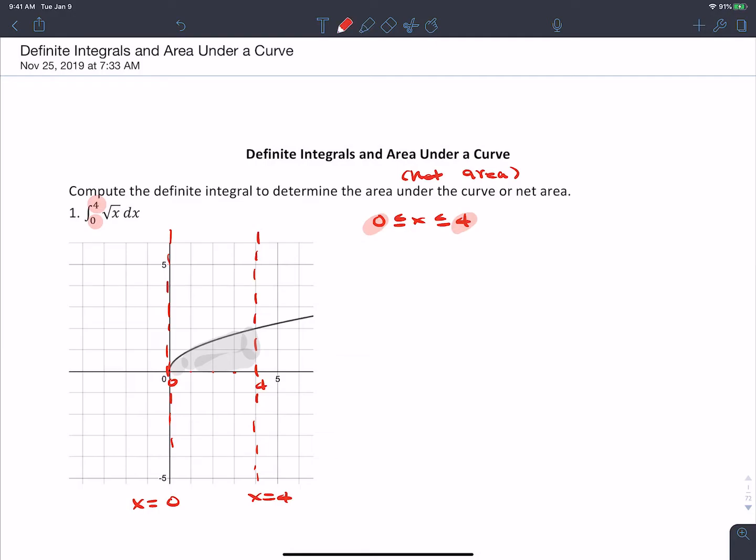And what they didn't mention, though, which is happening as well, is you also have this x-axis here. Okay, so the x-axis we already talked about, that's the horizontal line, y is 0. So there's some information here that's going on. So I just want to let you guys know they were trying to find this bounded area or this area under the curve.